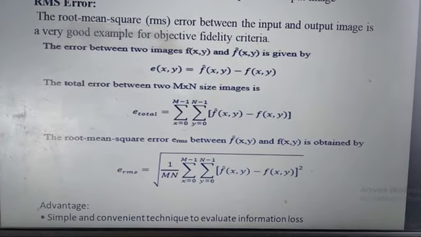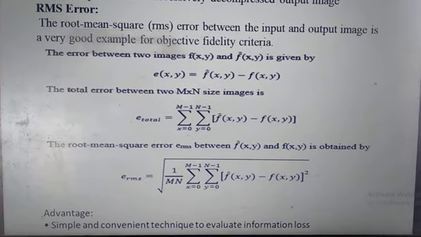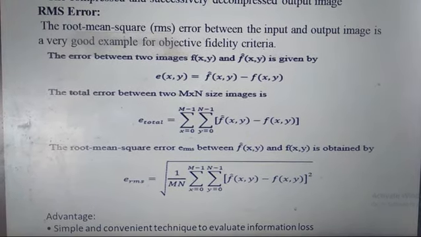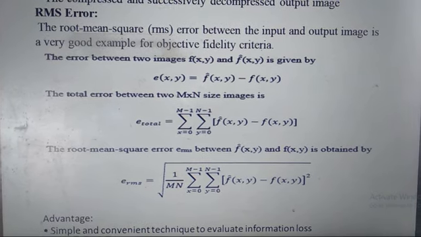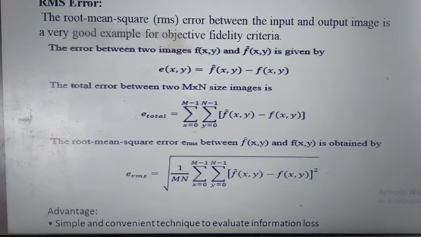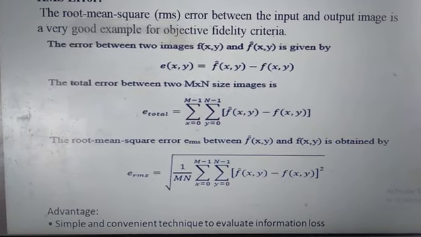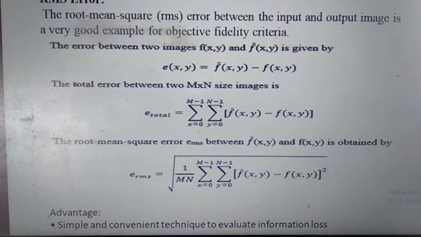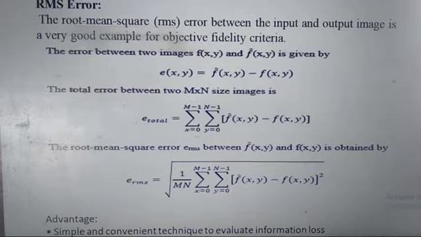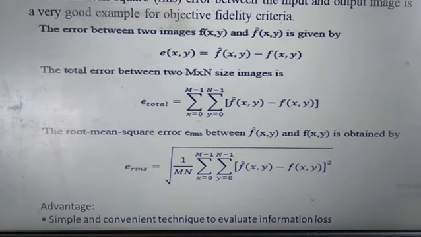How we take the error between the two images is represented in the first equation: E of x y is equal to the output image f dash x y minus the input image f of x y. The total error between two M by N size images is given by E total, summation x varies from 0 to M minus 1 and y varies from 0 to N minus 1, of output image f dash x y minus f of x y.